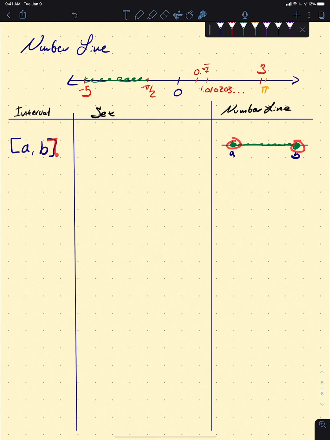This is the closed interval AB, where we include those endpoints.